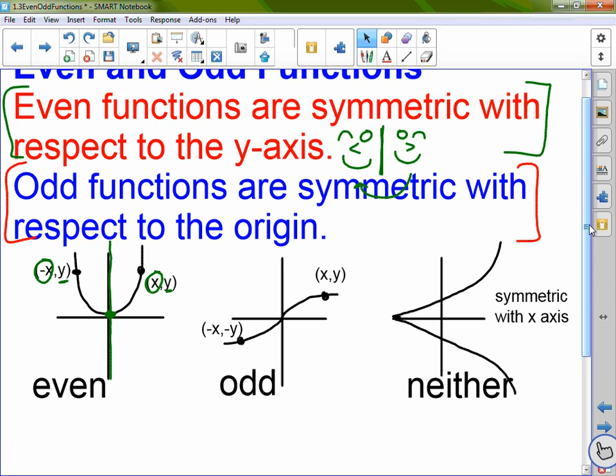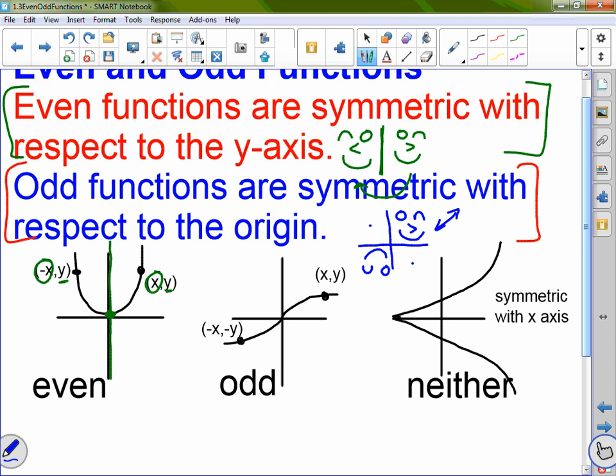The smiley face example is a lot more challenging to draw with an odd function, because not only does the smiley face have to be flipped around the y-axis, it also gets flipped around the x-axis, and it's going to wind up being diagonally symmetric. So it's going to wind up being upside down and reversed.